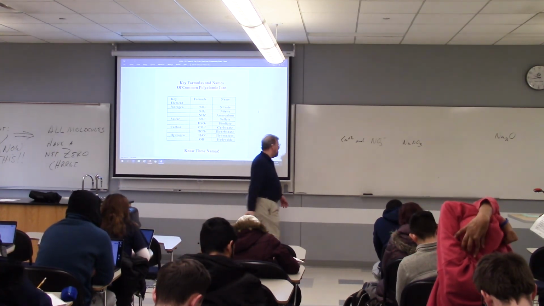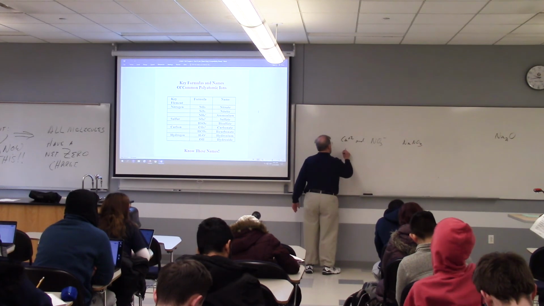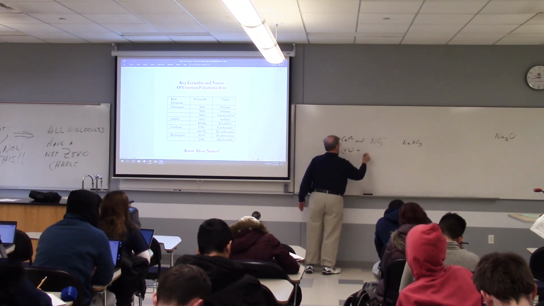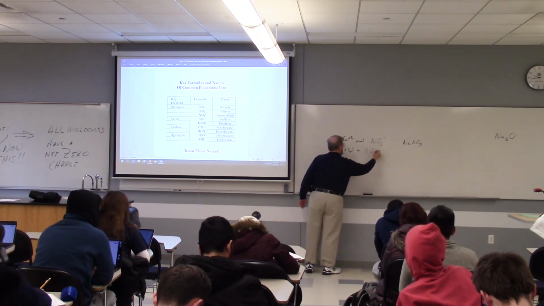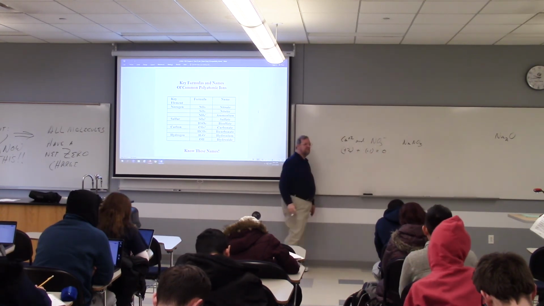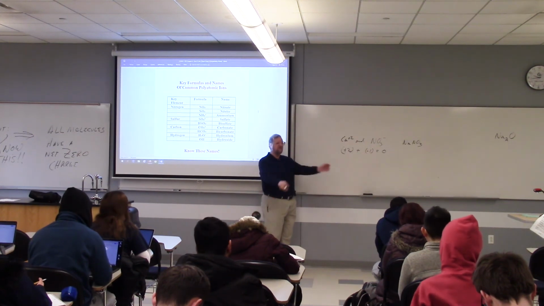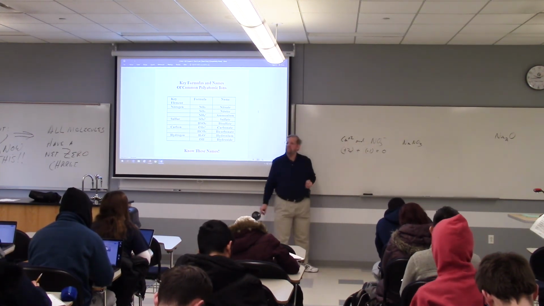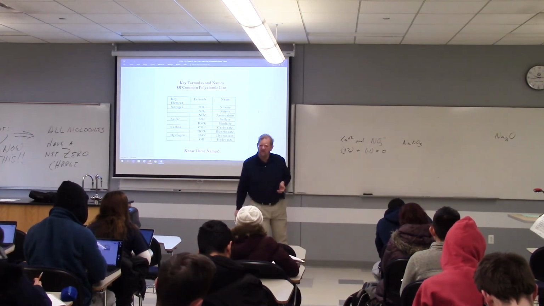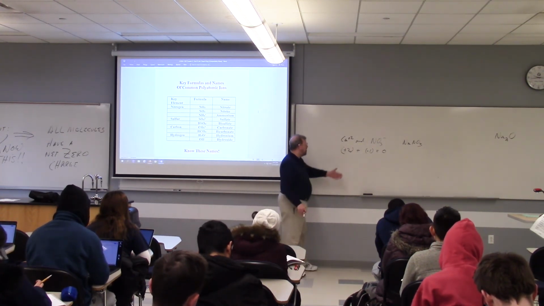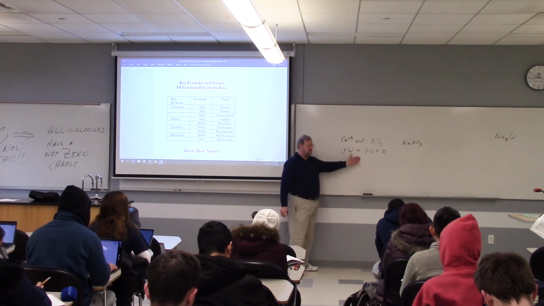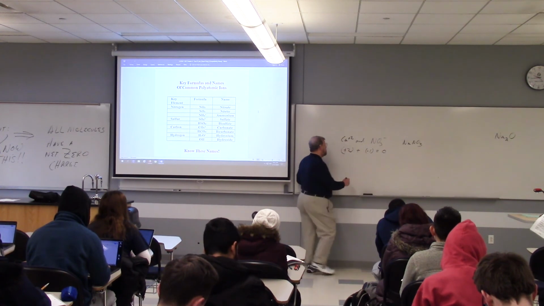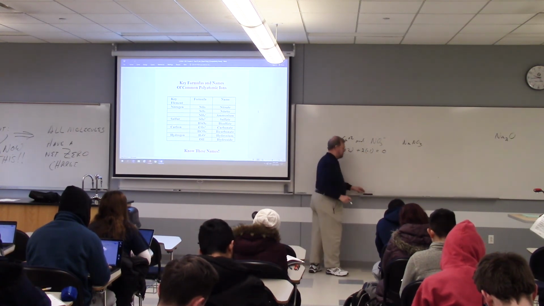Therefore, I have a +2 calcium, and this whole polyatomic ion is a -1. It has to add up to 0. Does it? No, it doesn't. So what do we do? Well, you can't change the charges, but you can change how many there are. If I want this to add up to 0, +2, this needs to be a -2. Well, if I have 2 of them, I will do that.